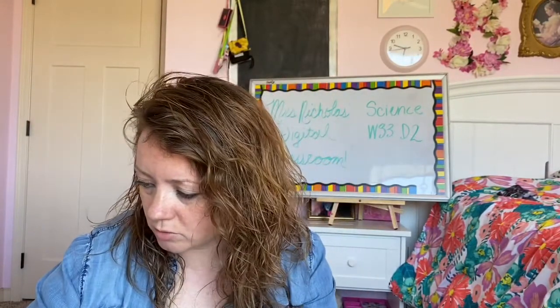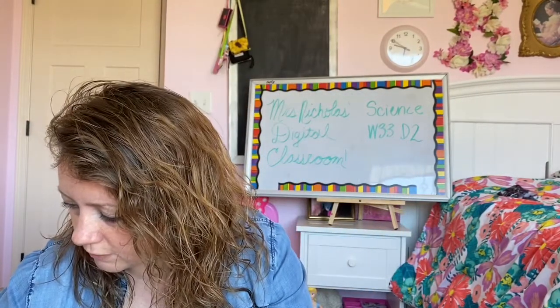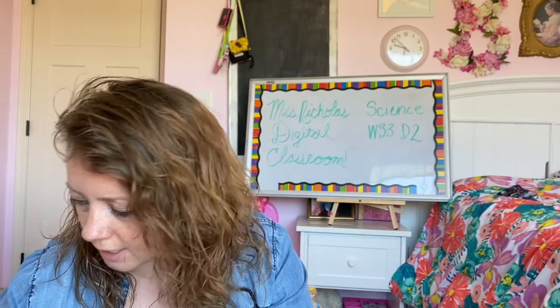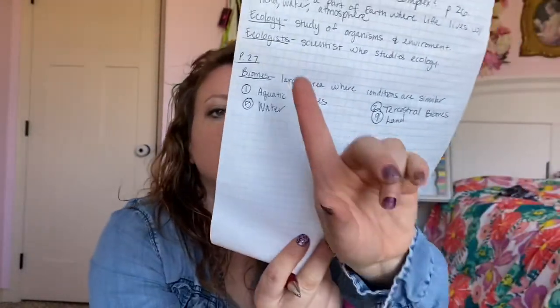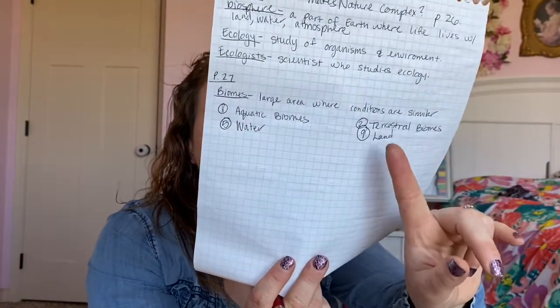So there are 5 different aquatic biomes and 9 different terrestrial. Terrestrial means land. Aquatic means water. And terrestrial means land. Right? So I wrote that underneath it. You see, aquatic, 5 water ones, 9 land ones. That's where I wrote it. Okay.